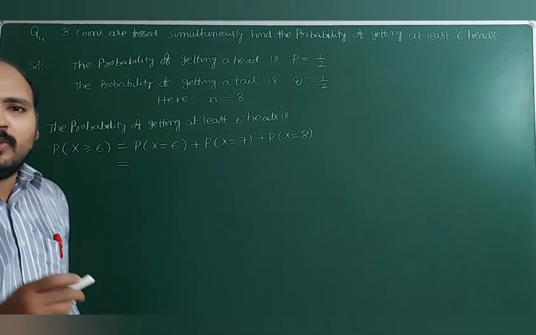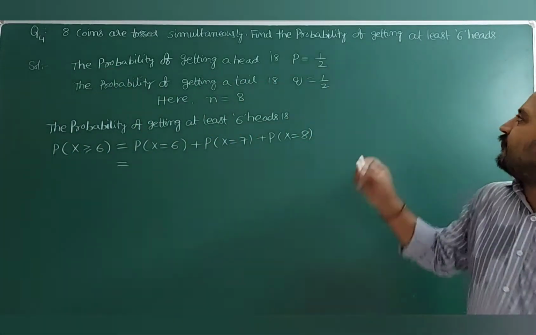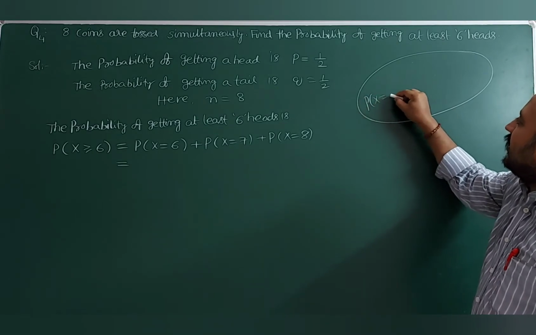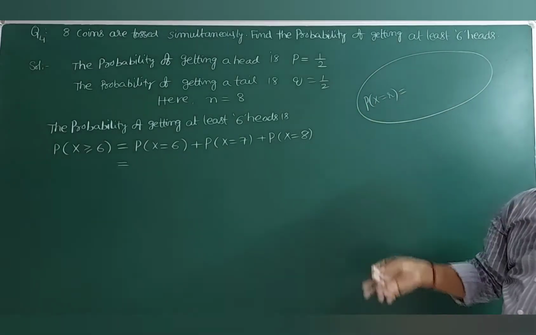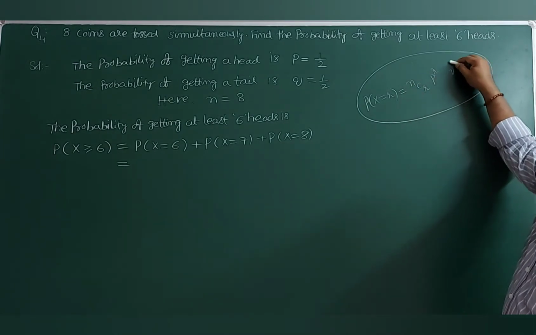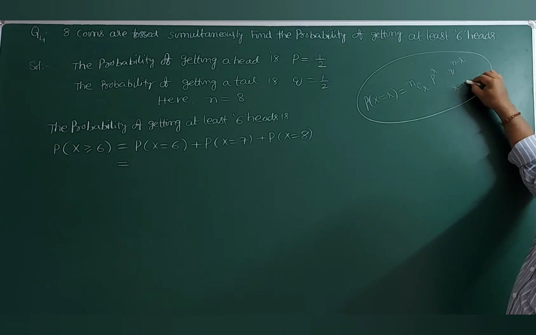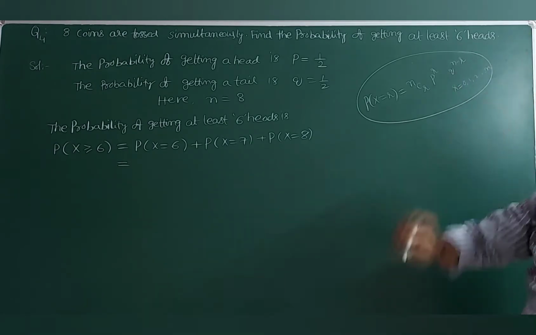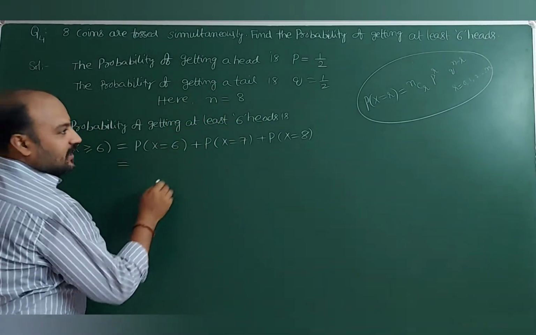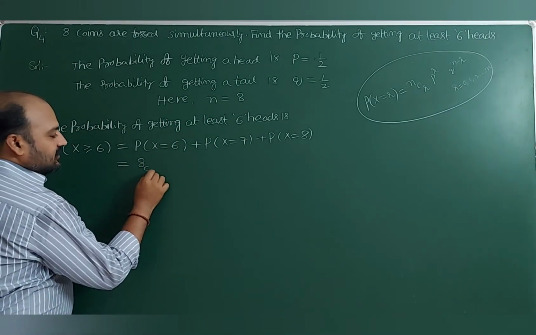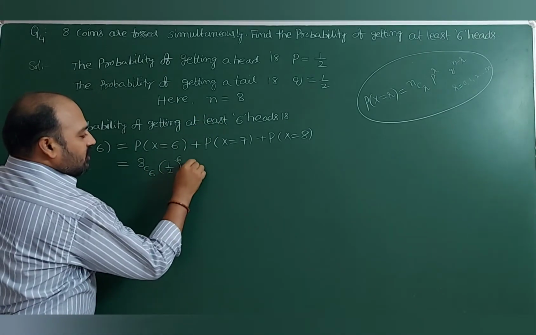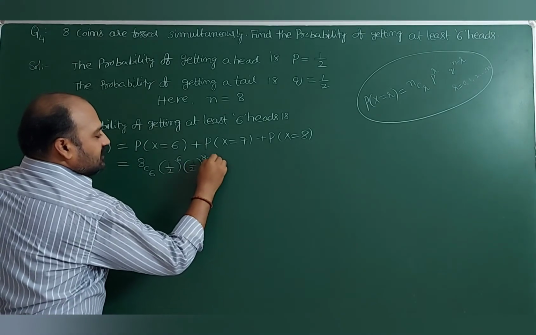So we know the binomial distribution function, that I am writing again here. Every time I am reminding you by giving this formula: nCr p power r q power n minus r, where r is equal to 0, 1, 2, 3 and so on to n. n is equal to 8, and here r is equal to 6 in this case. 8C6 (1/2) power 6, (1/2) power 8 minus 6.